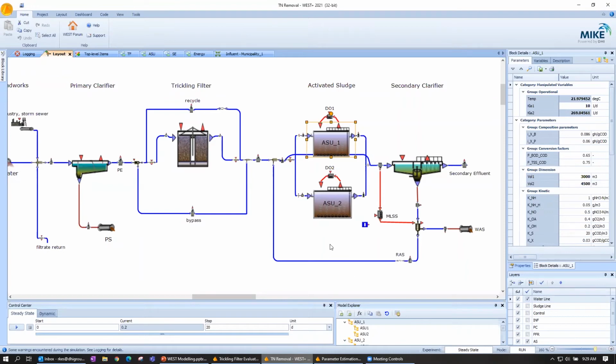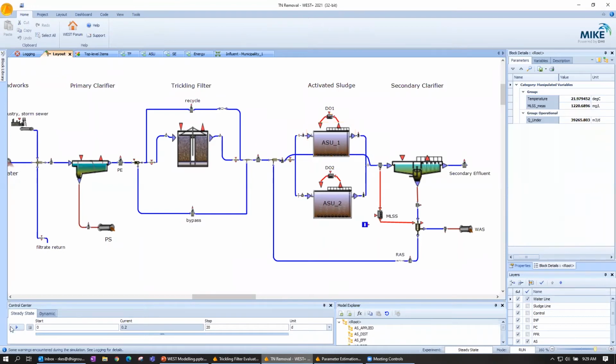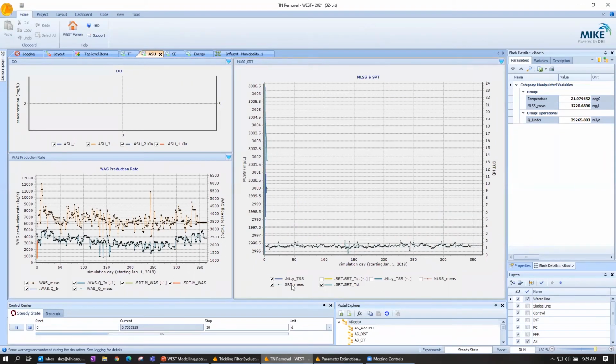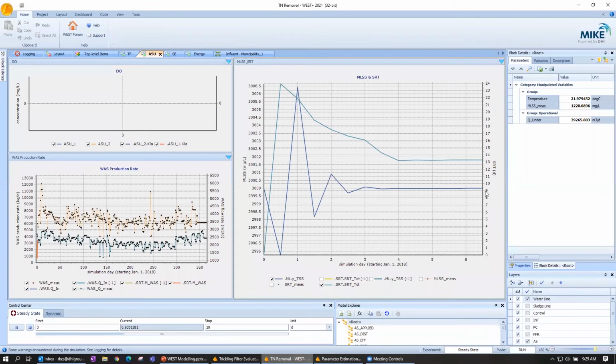Okay, so we've made our second hypothesis. Let's run this plant, or the simulation. Now that I've got 2 tanks online, I think we have longer SRT. And we do, 9 days.